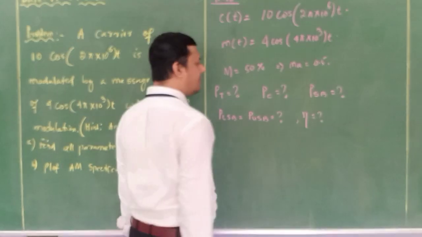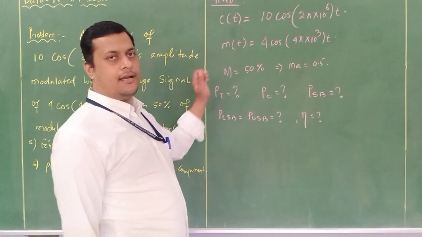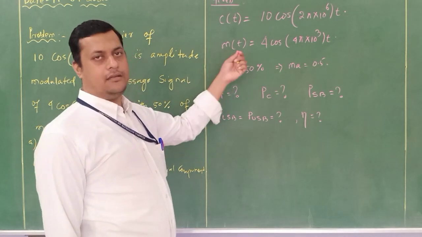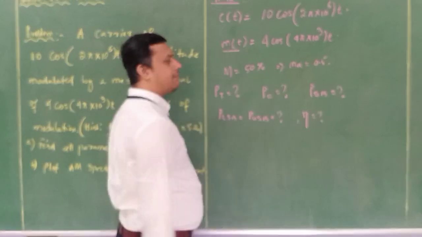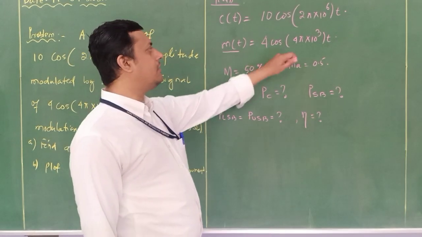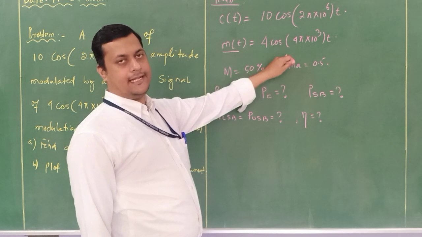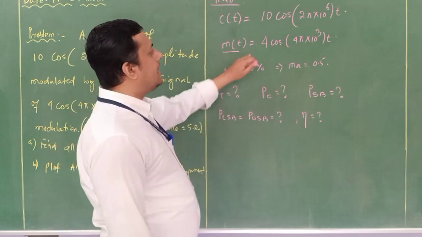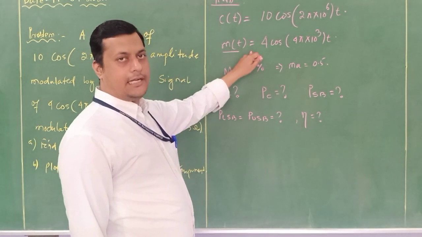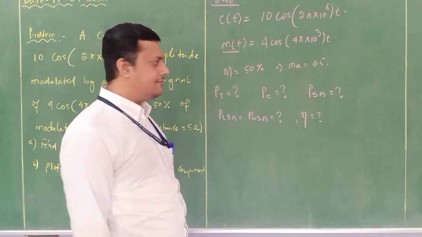These are the fundamental parameters of an AM. As per our question, our modulating signal has only one frequency component, so it is called a single tone modulating signal, and the modulated signal we get will be a single tone modulated signal. One by one we will identify all these relations.